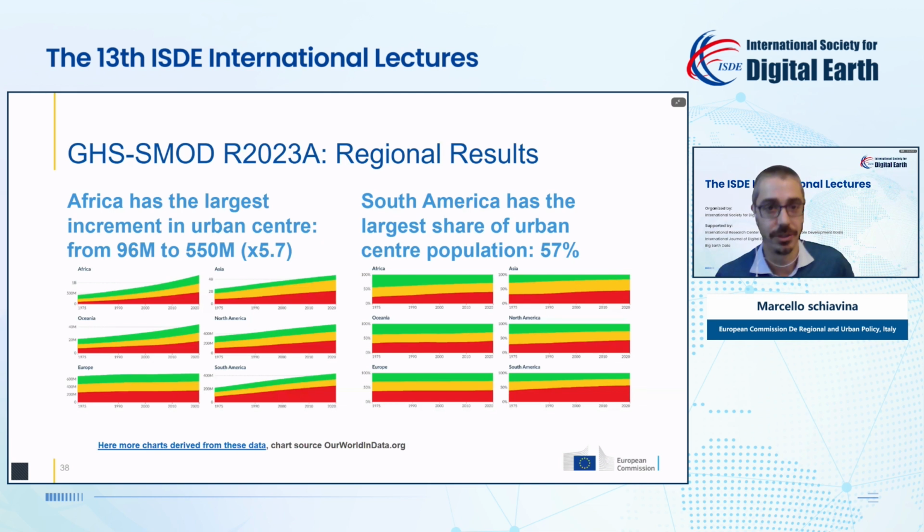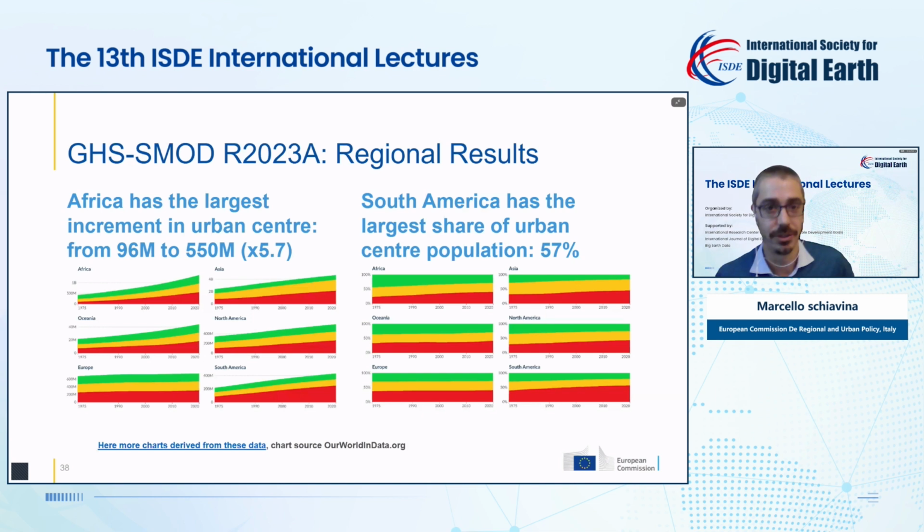Another interesting thing we can get from these results is the differences across the globe in the urbanization patterns. For example, South America is very peculiar in its urbanization, as it is the region where the intermediate class shares are lowest, and they have the largest share of people living in urban centers.